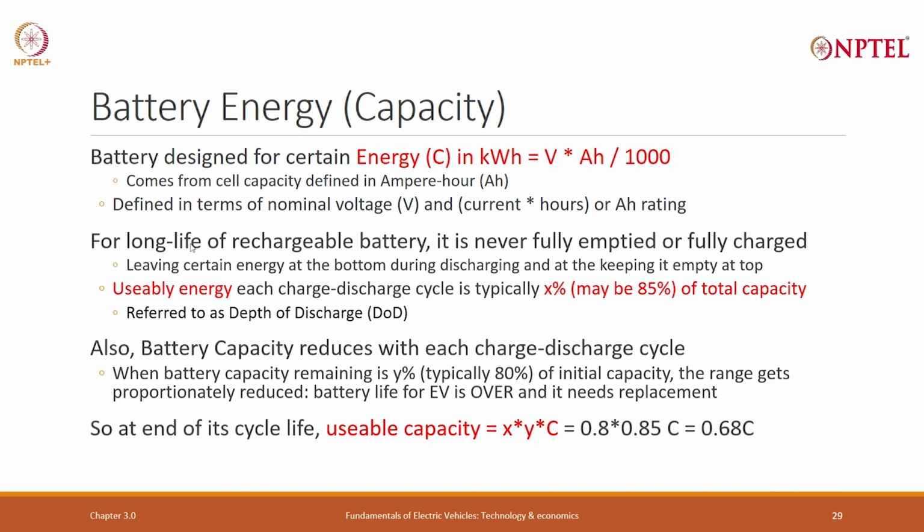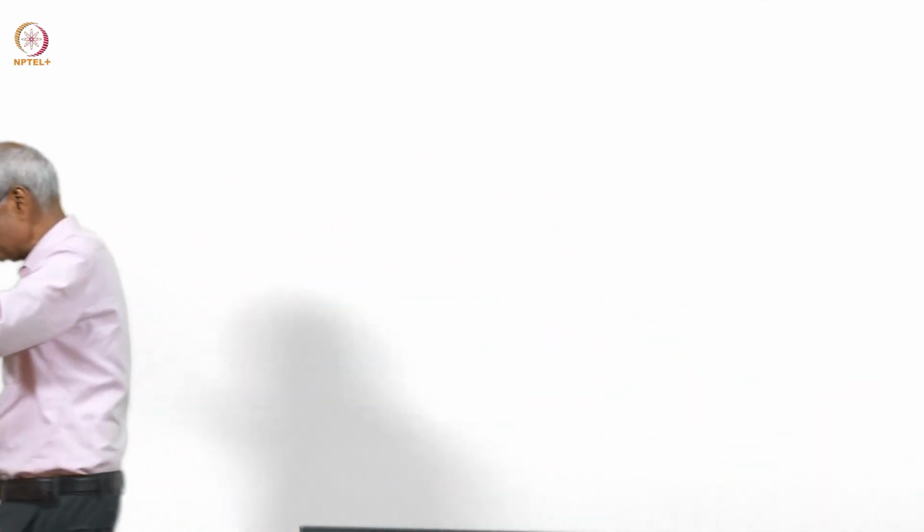It does not mean that the battery has no life left. It may have life left for stationary use, not for vehicle use. So, if you are going to use only X percentage of energy in one cycle, and you retire the battery after it reduces by Y percentage from the beginning 100%, then the available energy at the end of its cycle life is only X into Y into C, could be as low as 0.68 C, remember that.